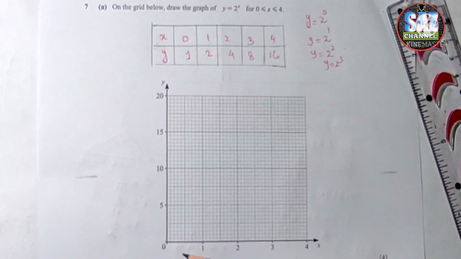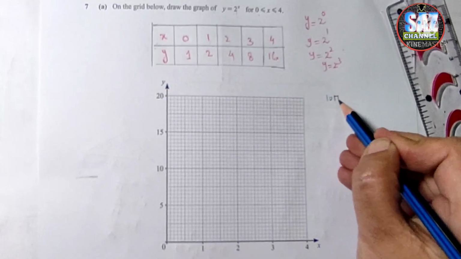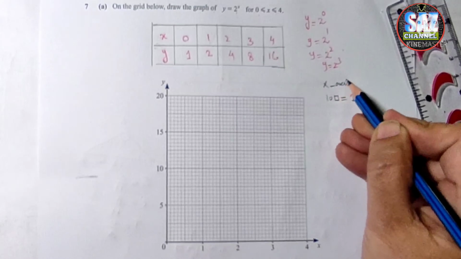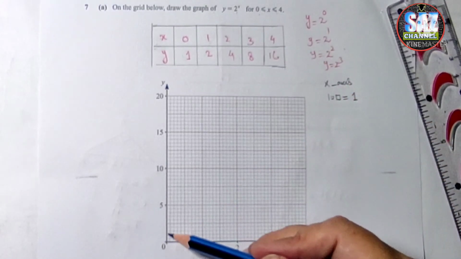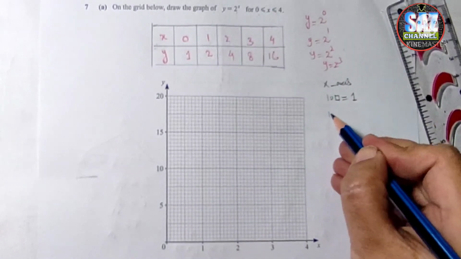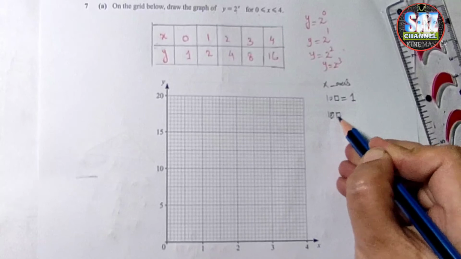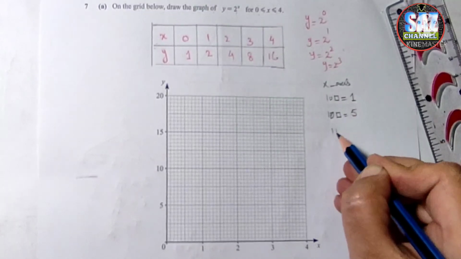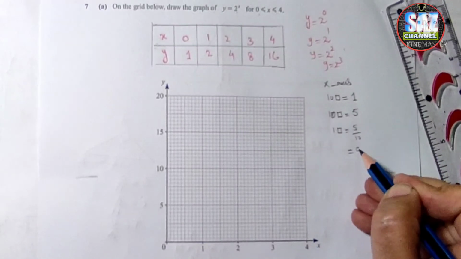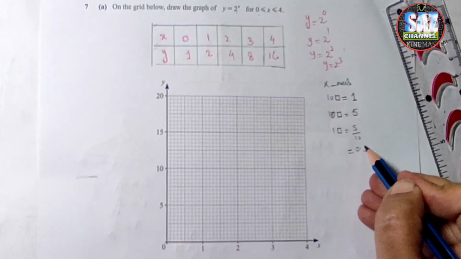First, it's important to understand the scale. For the x-axis, 10 blocks are equal to 1. For the y-axis, 10 blocks are equal to 5, so one block will be equal to 5 by 10, or 0.5.